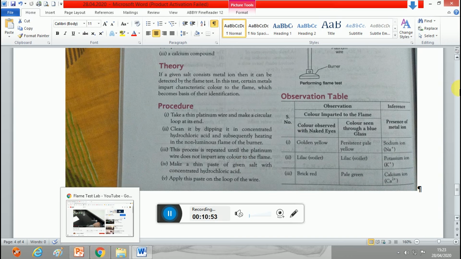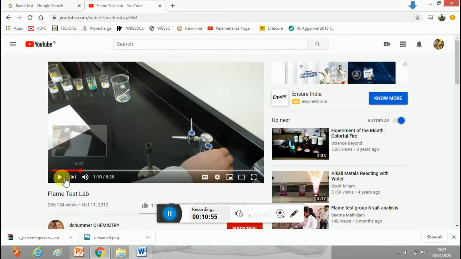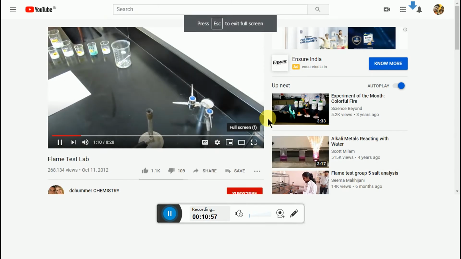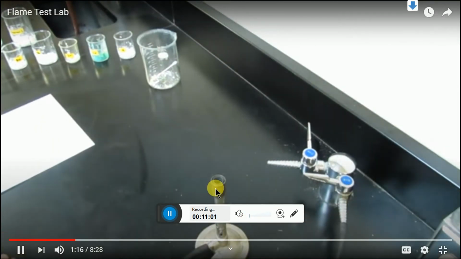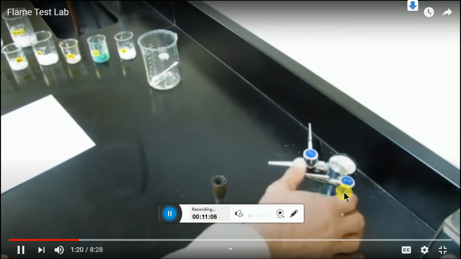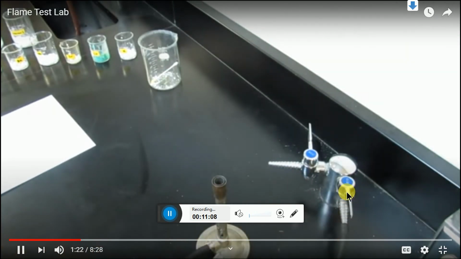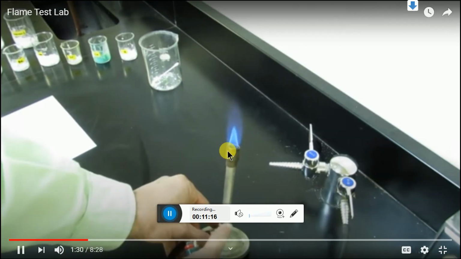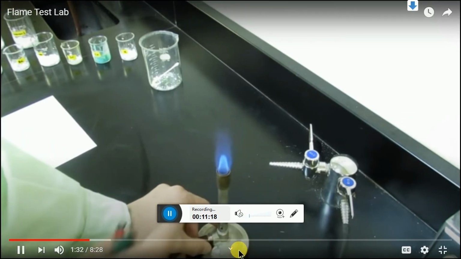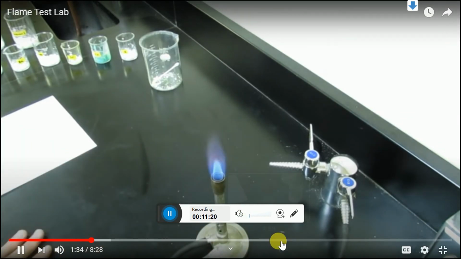Now let's do the experiment, but here we don't use the platinum wire. This is the Bunsen burner and the gas cylinder. Just open it, and this is the non-luminous flame, the bluish color flame. The air hole is there.